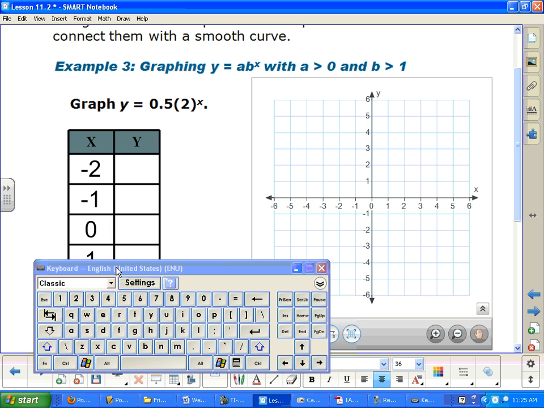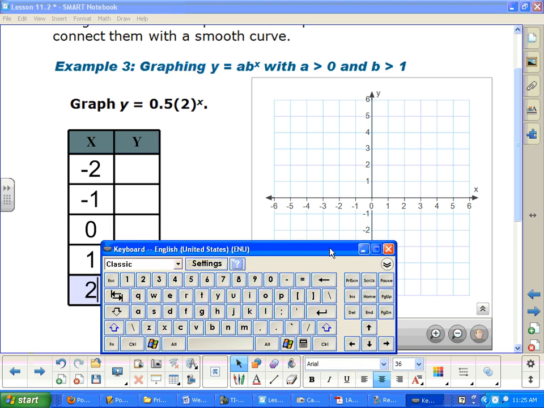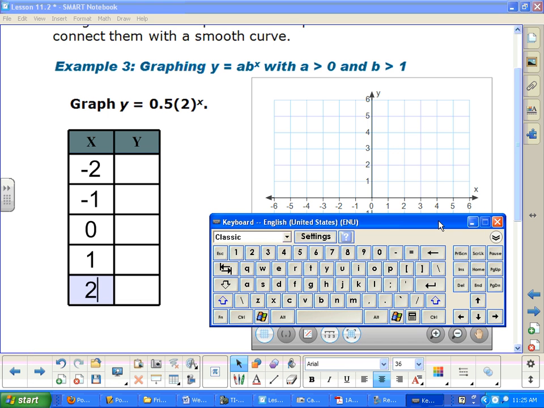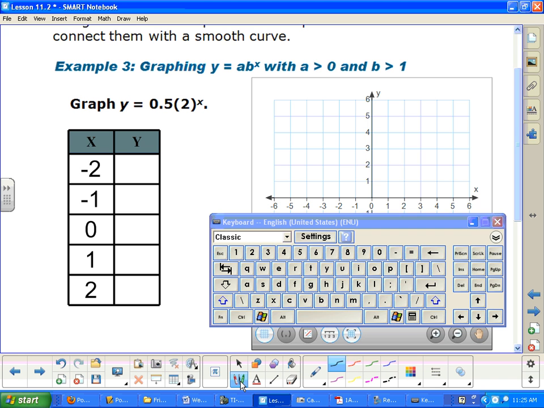And 2. And actually what we should do is you should put another one down here, so let's add 3 to this. We'll do one more.